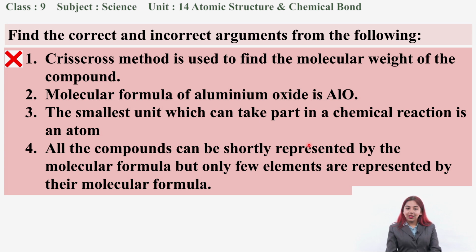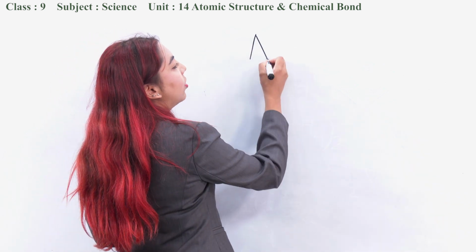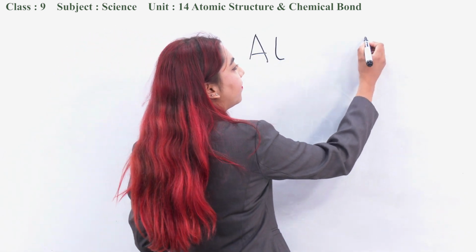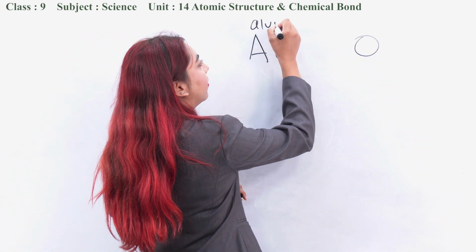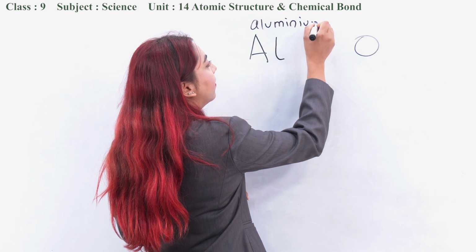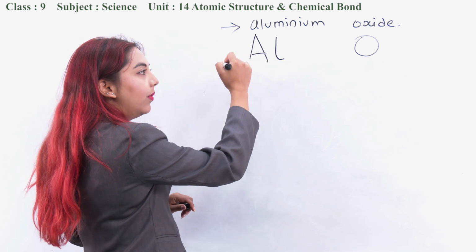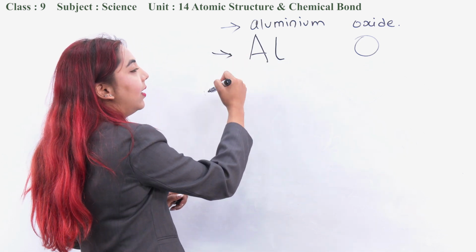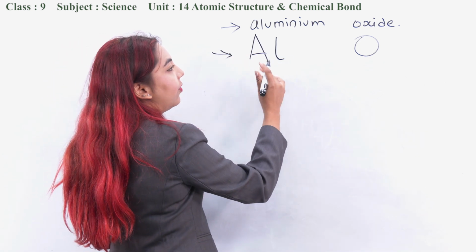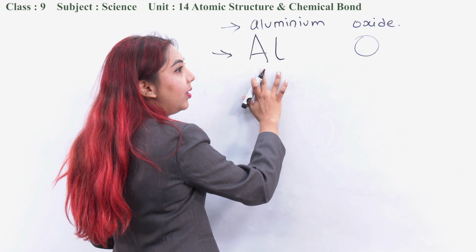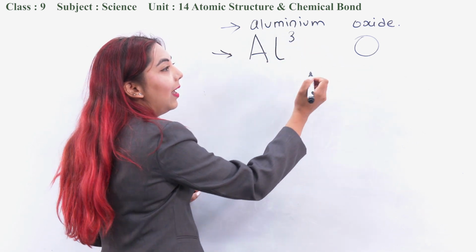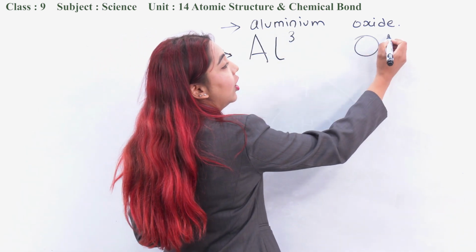The second argument: molecular formula of aluminium oxide is AlO. Is this true? Let me show you guys. Now, aluminium oxide. While writing the molecular formula, first we have to write the name, then the symbol or the formula. Here we have the symbols. The valency of aluminium is 3 and the valency of oxygen is 2.